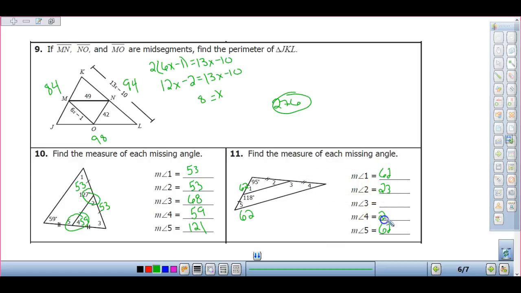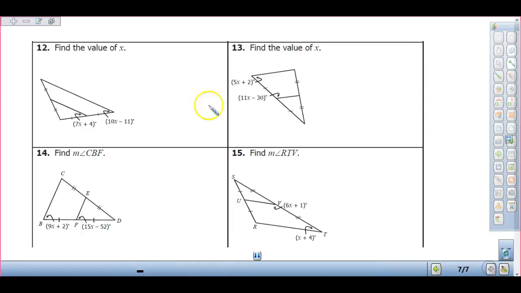Angle 4 goes with it because it's a corresponding angle for 2 and 4. And then you've got a linear pair right here. So that's going to make angle 3, 148. Can't write it over there. 148. Okay.